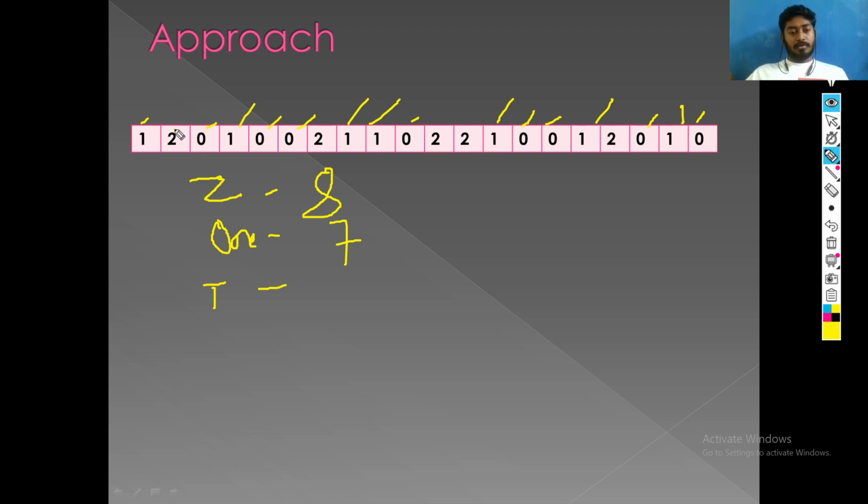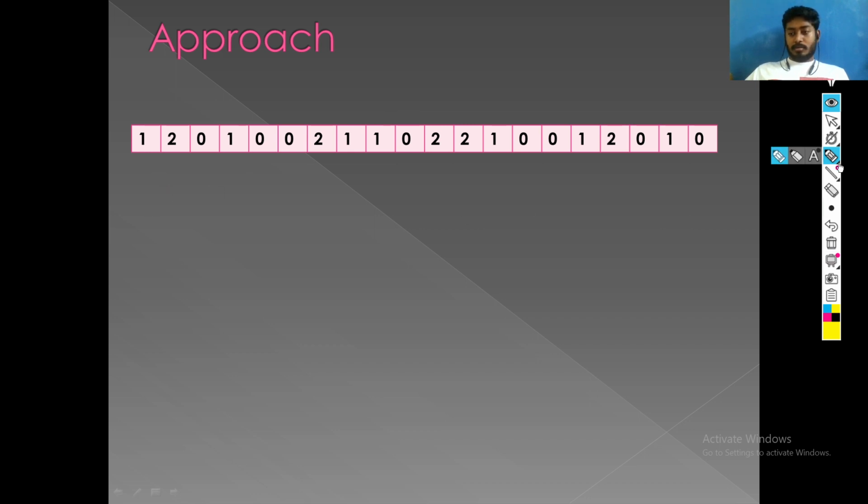Then we count the twos: 1, 2, 3, 4, 5: five twos are there. We have created temporary variables named zero, one, and two. We have assigned the number of zeros, ones, and twos present in there.